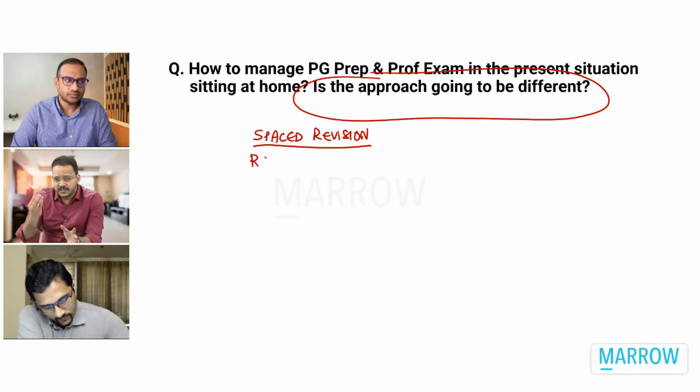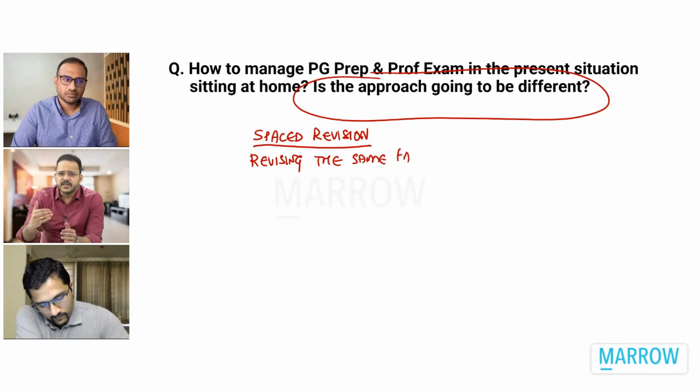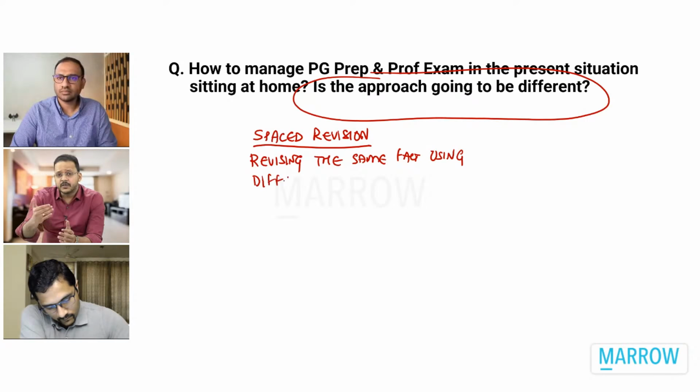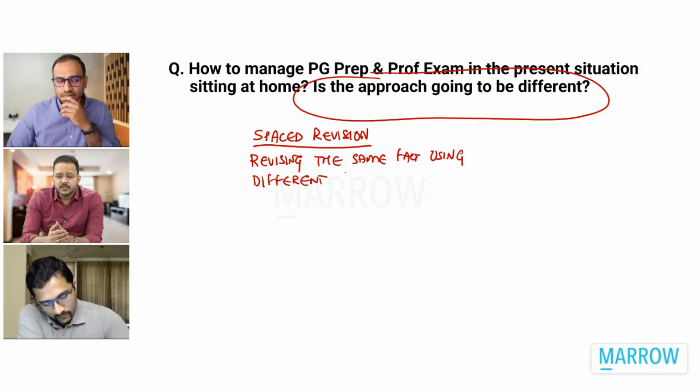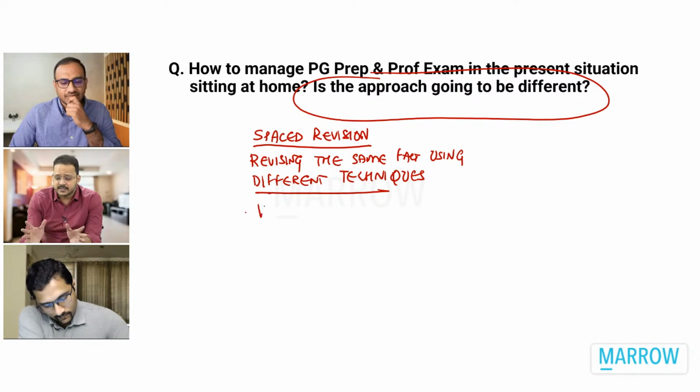If nothing is entering your brain but you still continue, no, stop and shift to the QBank. Whatever you are studying, try solving questions, or give a mock test, or go through the pearls. Keep changing the modes as it suits you, so that your interest is maintained. So guys, yes, these are difficult times, but you need to keep pushing yourself towards the goal.